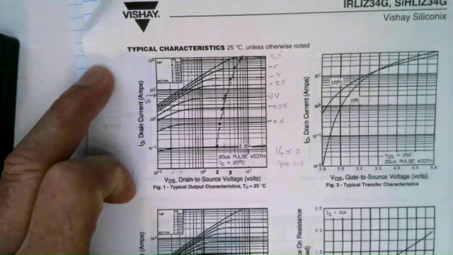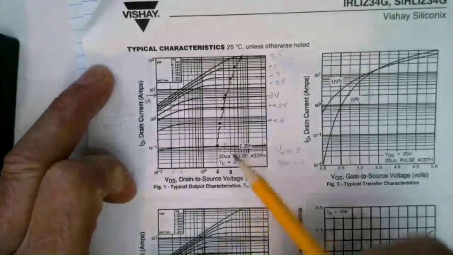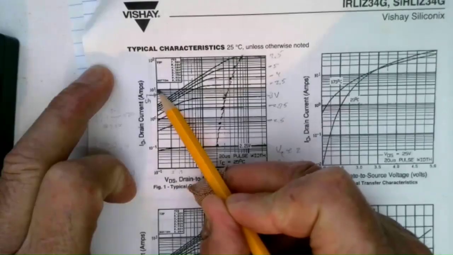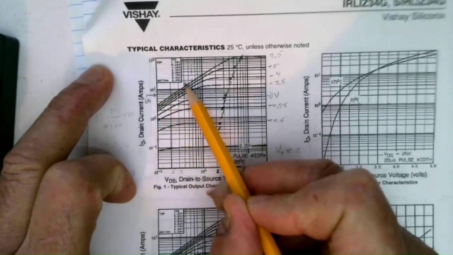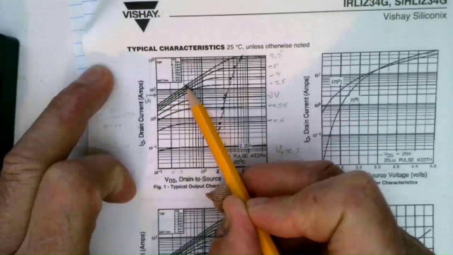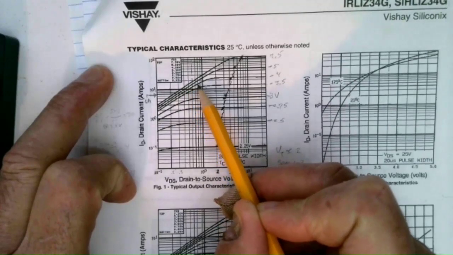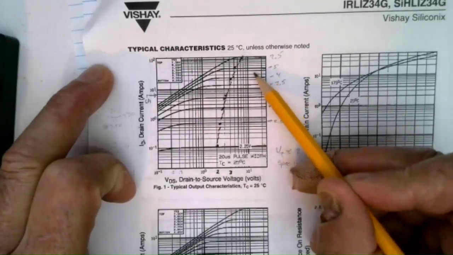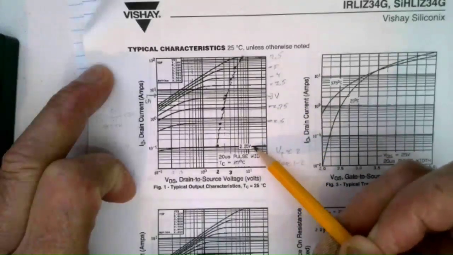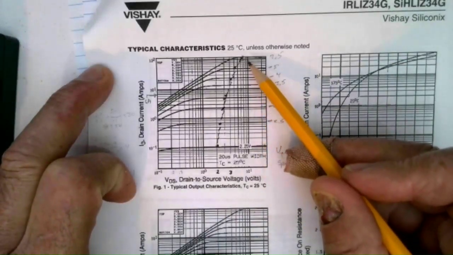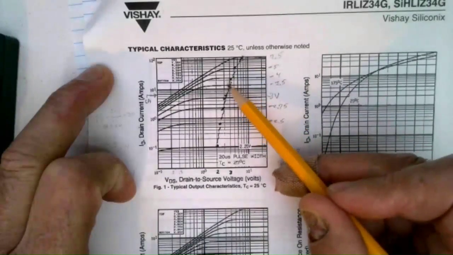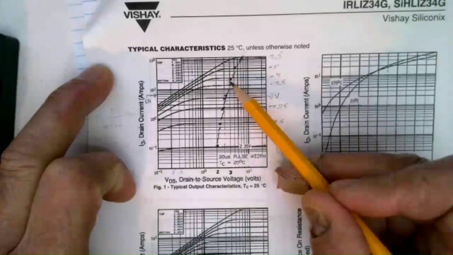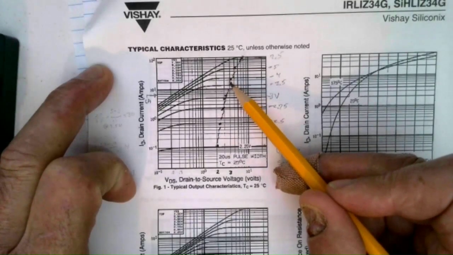So we're going to have to do a little iteration on the graph here. Here is 10 to 1, that's 10 amps. So this is 20 amps, that's 10 amps, and 15 amps is going to be somewhere in there. All of these curves are for different gate voltages. To be even in this ballpark at all, we're going to end up right around here.